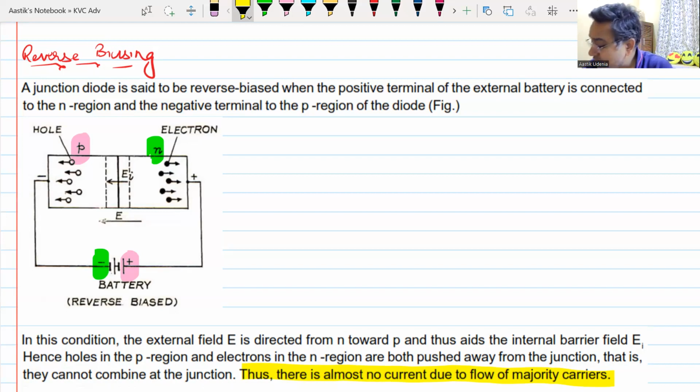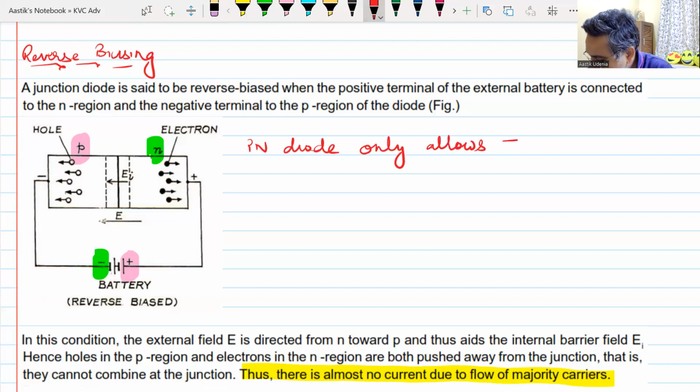When does it allow current? When it is forward biased. In reverse bias, it will never allow current to flow. I'll give you a minute to note down all these important points.